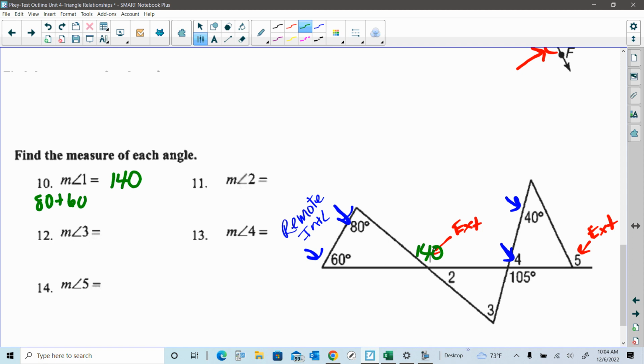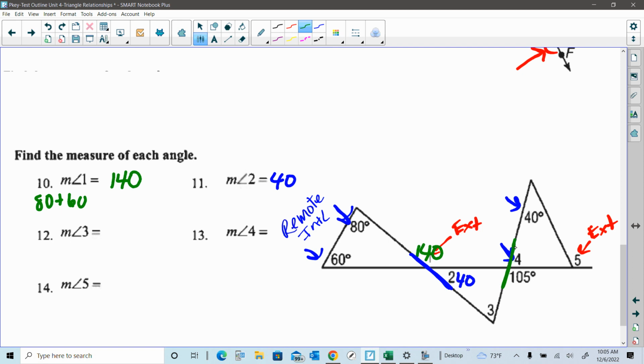Now I can use that to get to my angle 2 because it is a linear pair, 1 and 2. So it's 40, done. I can do the same thing to get to my angle 4 because it is also a linear pair. So you just do 180 minus 105.